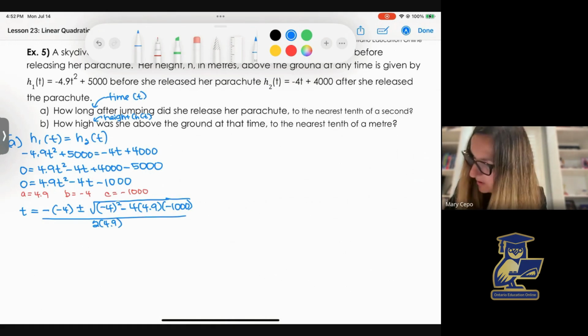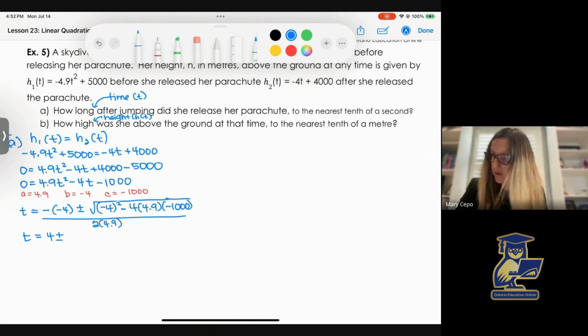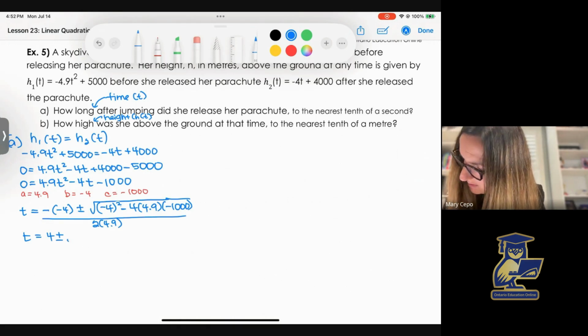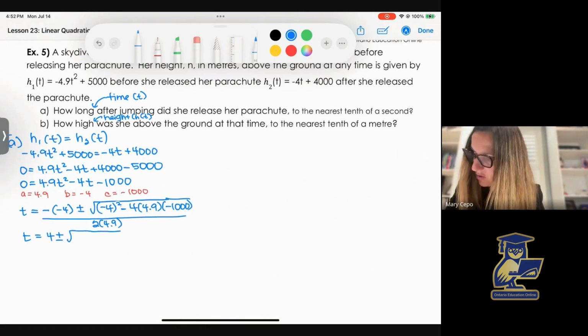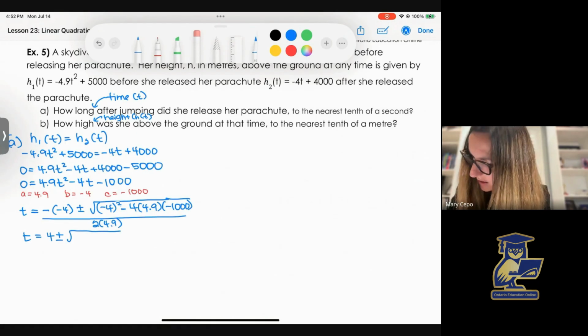Simplifying, we have t equal to positive 4 plus or minus, and taking out our calculator, 4 squared minus 4 times 4.9 times negative 1,000, and we take the square root of that.